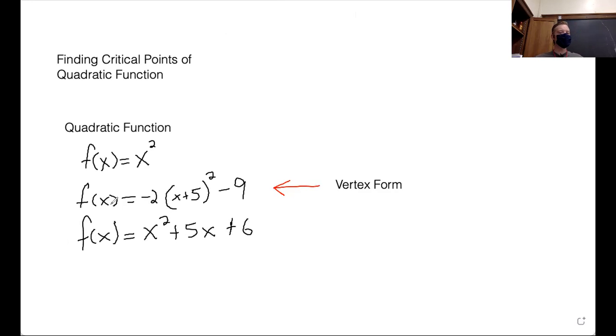Notice these equations are written differently, but both of them have x squareds. They are still quadratic functions. But this third one here is called standard form rather than vertex form.